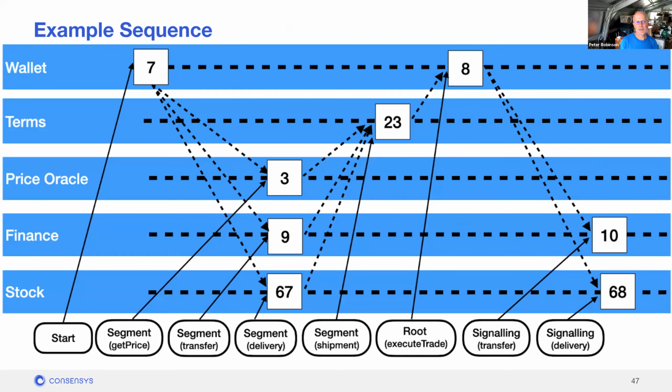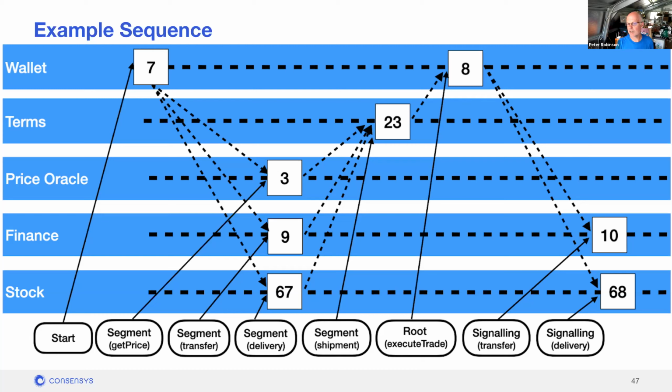And walking through all of this, so you start out with the start transaction, and then you have the segment transactions, and you go from the bottom of the call graph and work up to the root, so that then you can say, use the get price function call and the result of it and feed it into the shipment segment. And so you go from the bottom of the call graph for the Oracle, Finance and Stock blockchains, and then the results of them go into the terms blockchain for its segment, and then they go into the root blockchain.